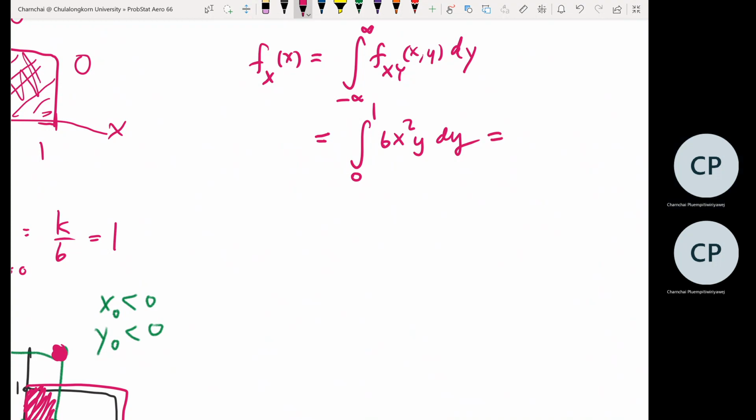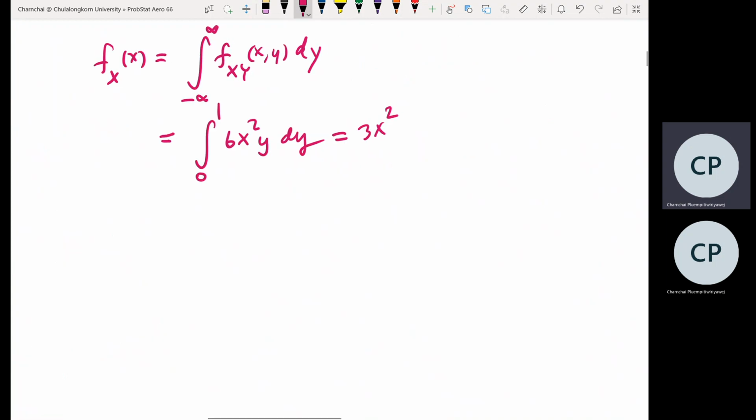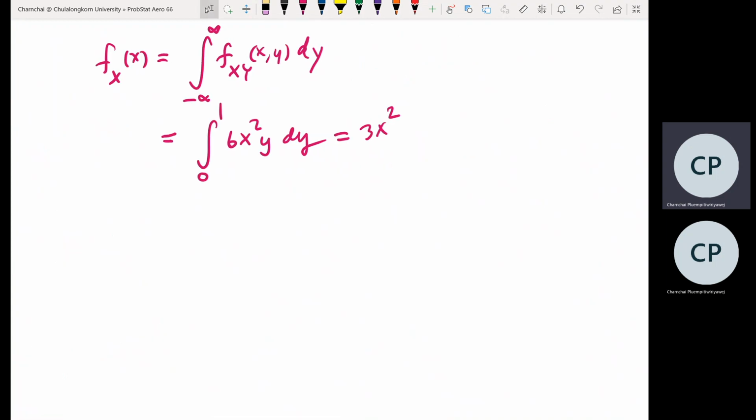What do you get? 3x squared. Okay. So we say f of x is 3x squared only if x is between 0 and 1, and equal to 0 otherwise.